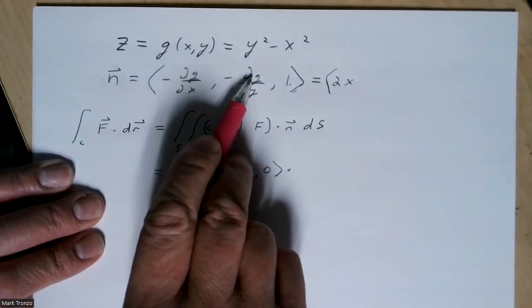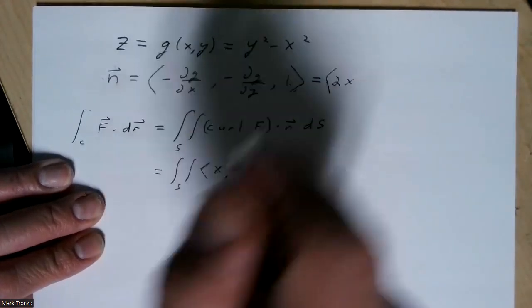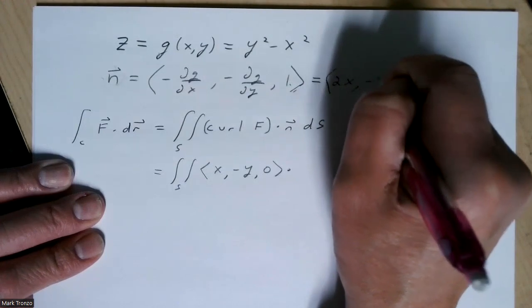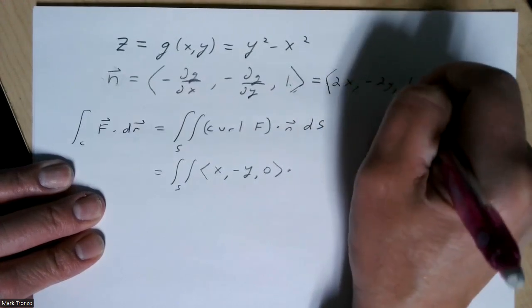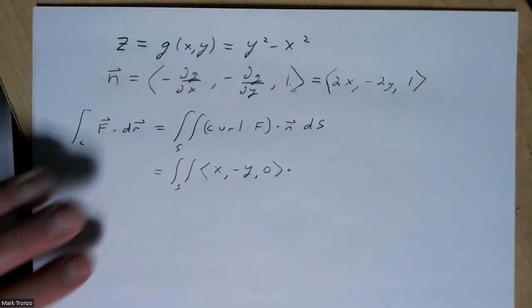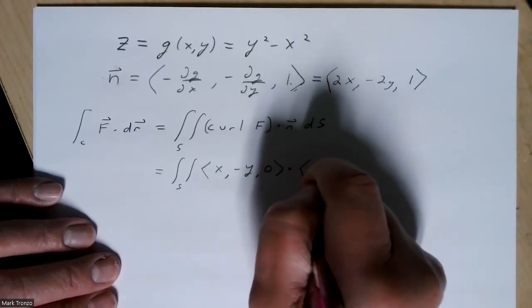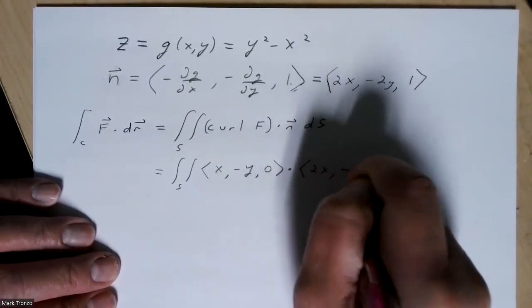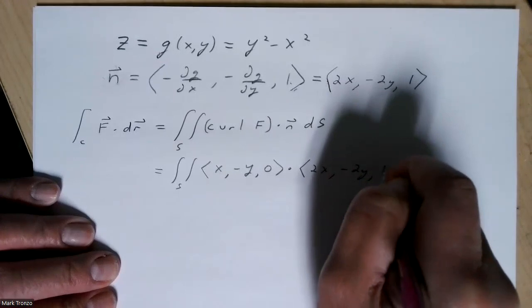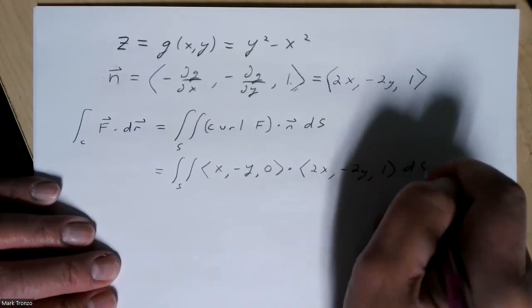Then take dg/dy, which will be a negative 2y, and 1. That's our normal. So we have x, negative y, 0, dotted with 2x, 2y, and 1, dS.